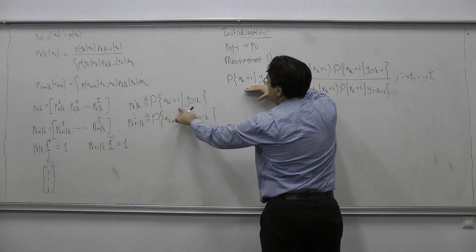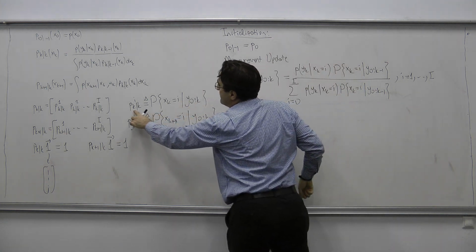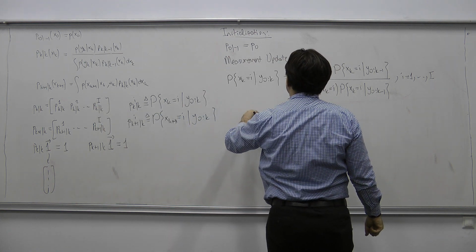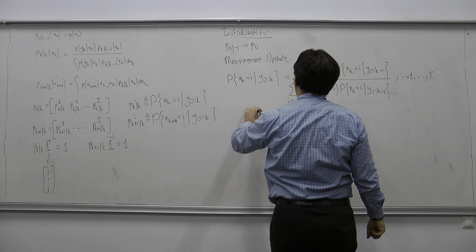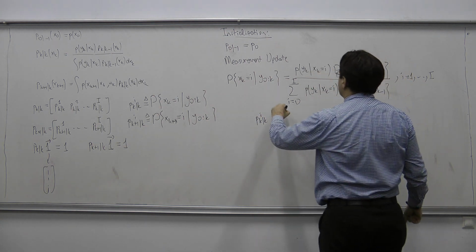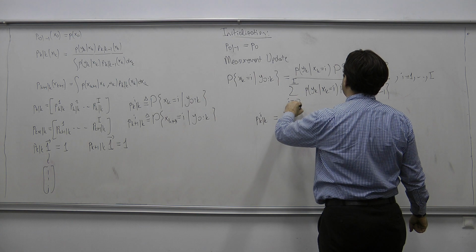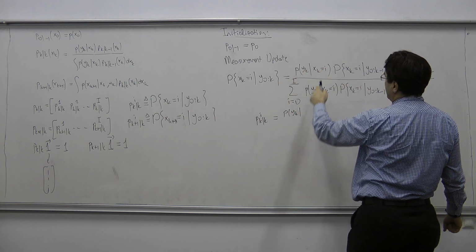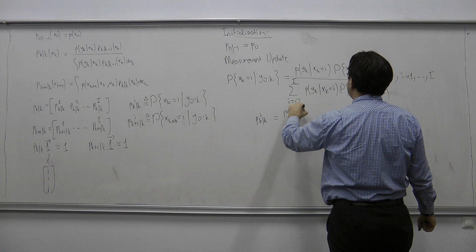Let me write the equivalent versions of these quantities. This probability is nothing but the ith element of the p_{k|k} vector. So p_{k|k}^i is equal to the likelihood, which is going to remain as it is, p(y_k given x_k equal to i). Of course y_k is going to be known, and we are going to consider different values of i here.